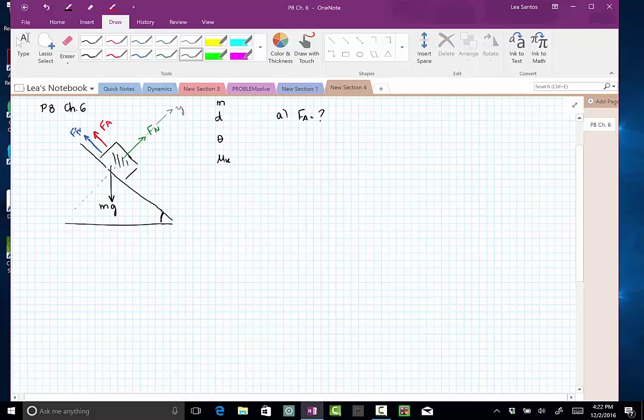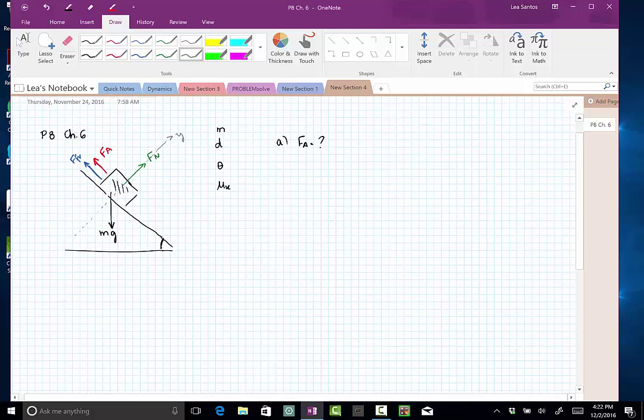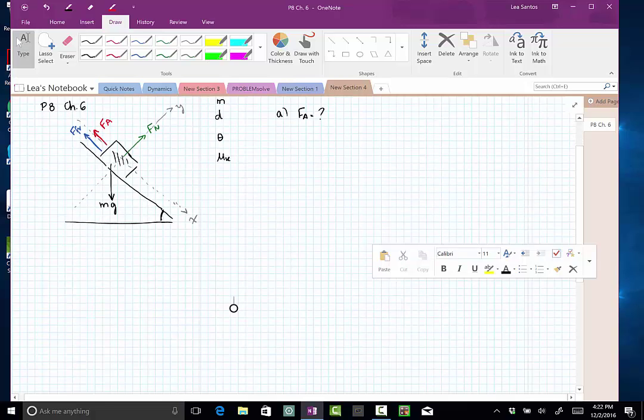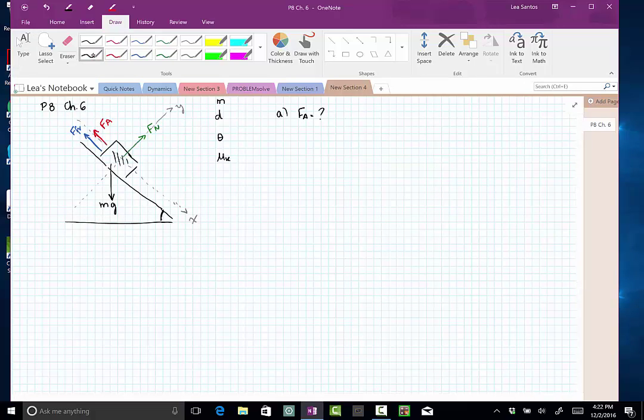If we ever get acceleration, we don't need to decompose the acceleration, correct? So this is the x direction, and that's why I said that the force applied by the man is in the x direction. Okay, so let's write all the forces that we find in the x direction.